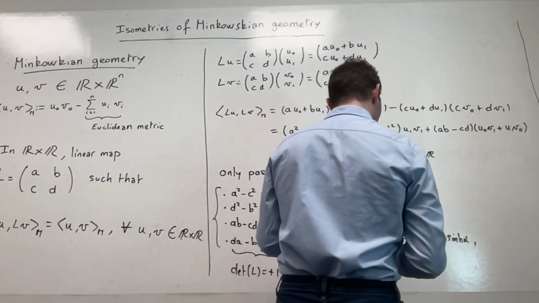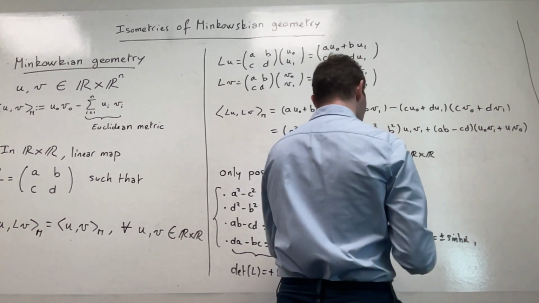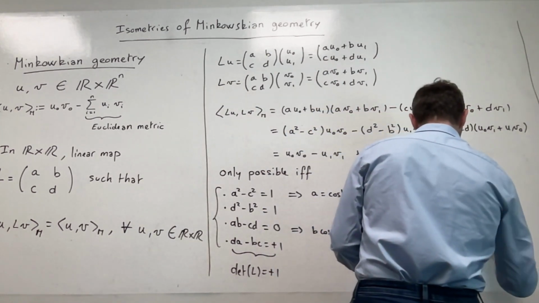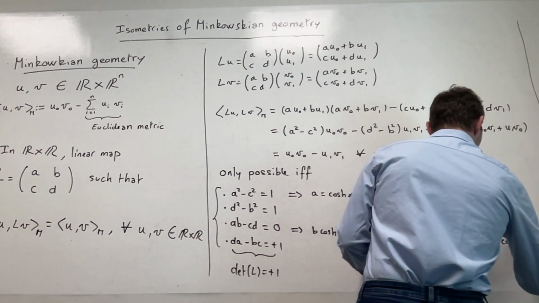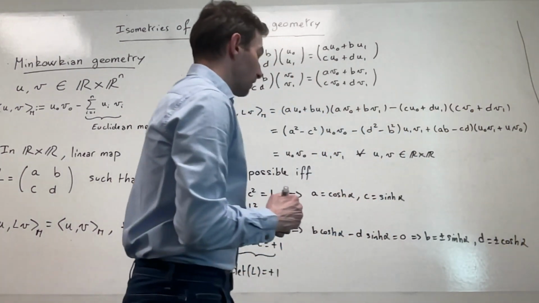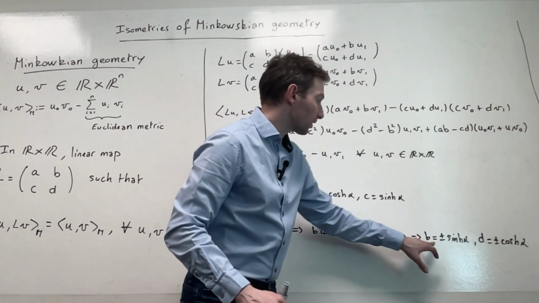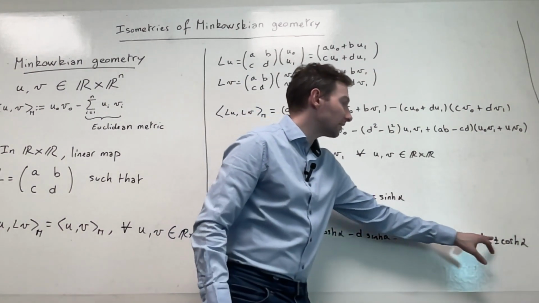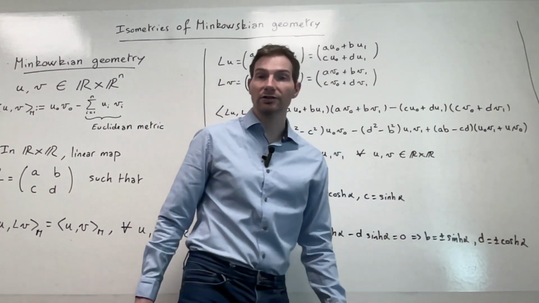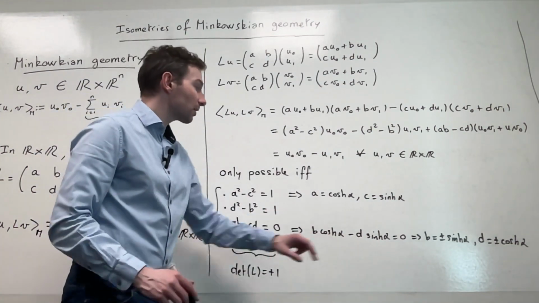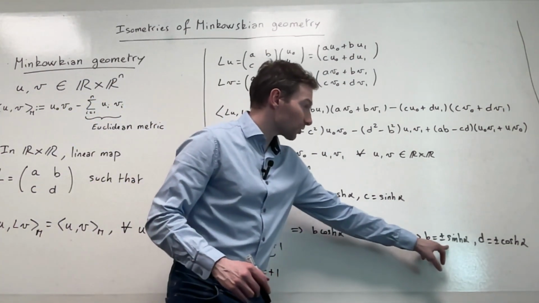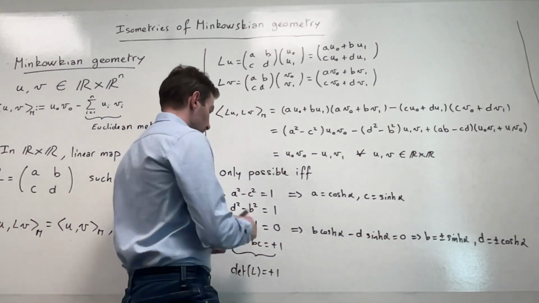And then likewise, D is going to be equal to plus or minus cosh alpha. What I mean is that when B is plus sinh, then D has to be equal to plus cosh.